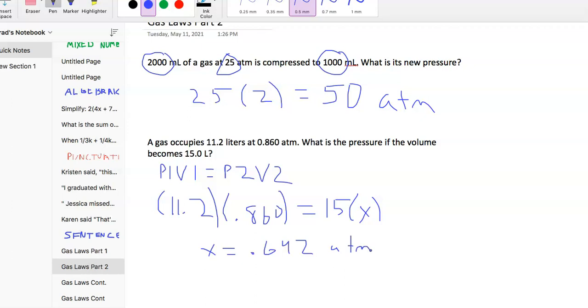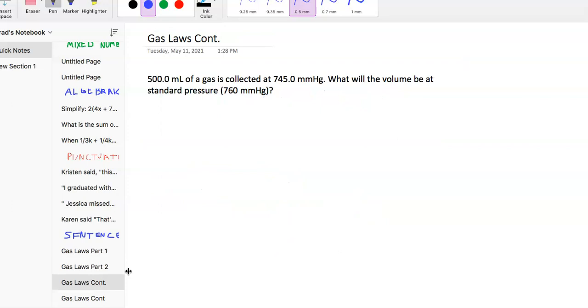So that's how you do that one. The key part here is knowing P1 V1 equals P2 V2, and knowing that you're going to get 3 of the 4 and you just have to solve for the 4th one. Pretty simple. Next one.